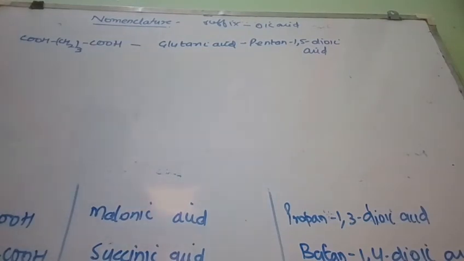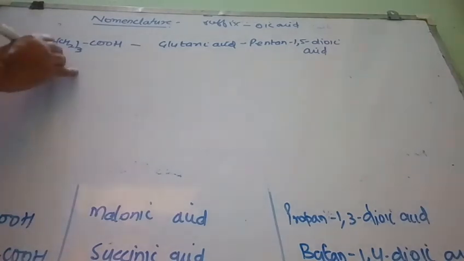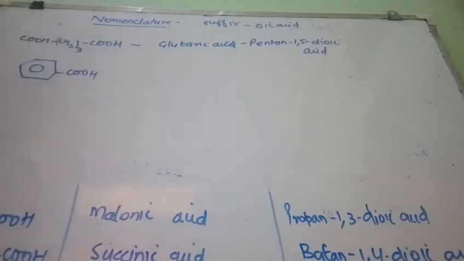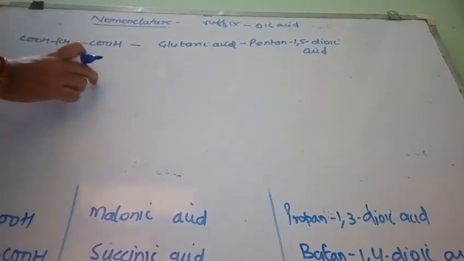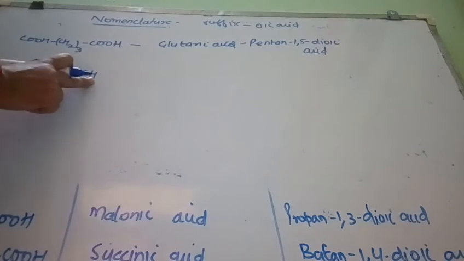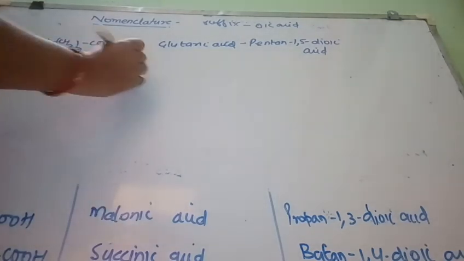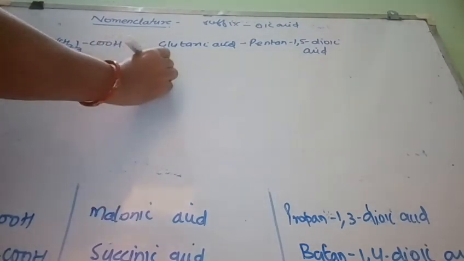Similarly, suppose we have a benzene ring and a COOH group is attached to it. Now students, here there will be a change. If the carboxylic acid is attached to the ring, then this carboxylic acid is not counted in the main chain and it is named as carboxylic acid only. So the common name of this compound is benzoic acid.